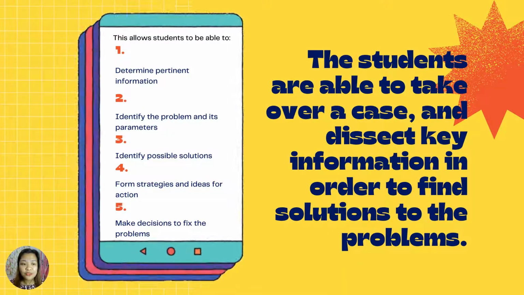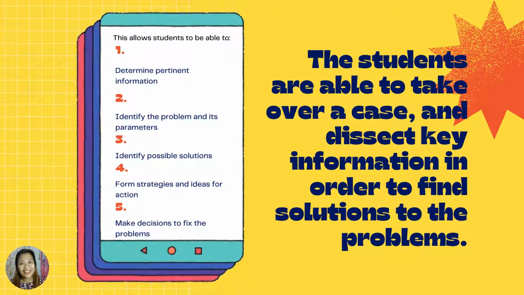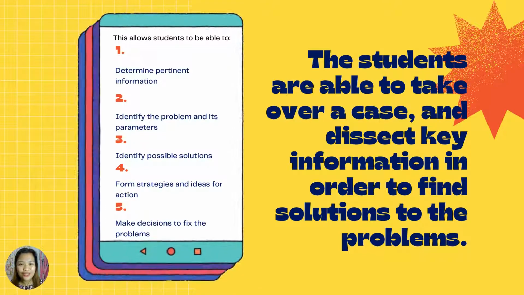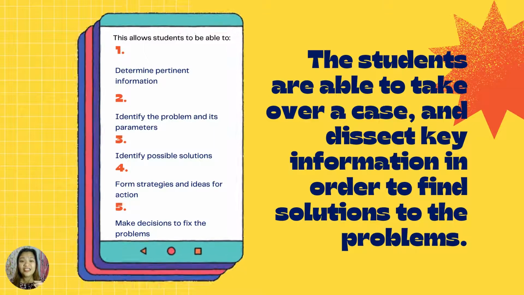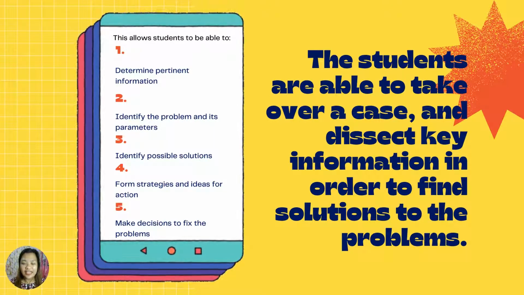So those were the uses of case study. Now let's have the third question. What are the types of case study designs? And I will be presenting the types of qualitative case studies.